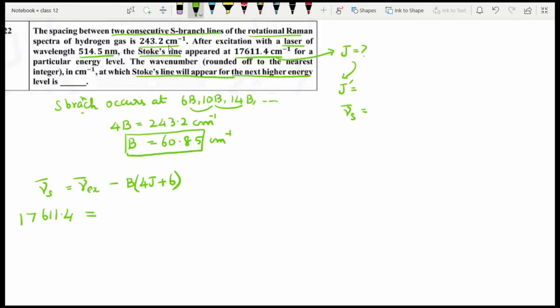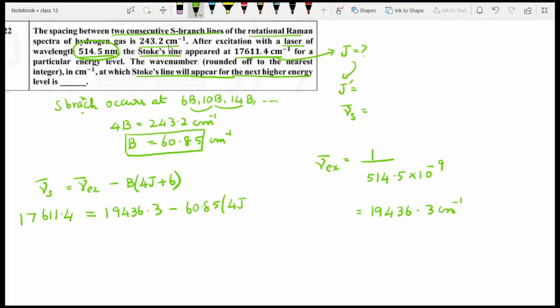In the question they have given the wavelength of the excitation source, so the corresponding wave number will be 1 divided by 514.5 × 10⁻⁹, which gives 19436.3 cm⁻¹. Now we can substitute it here: 19436.3 minus 60.85 into (4J + 6).